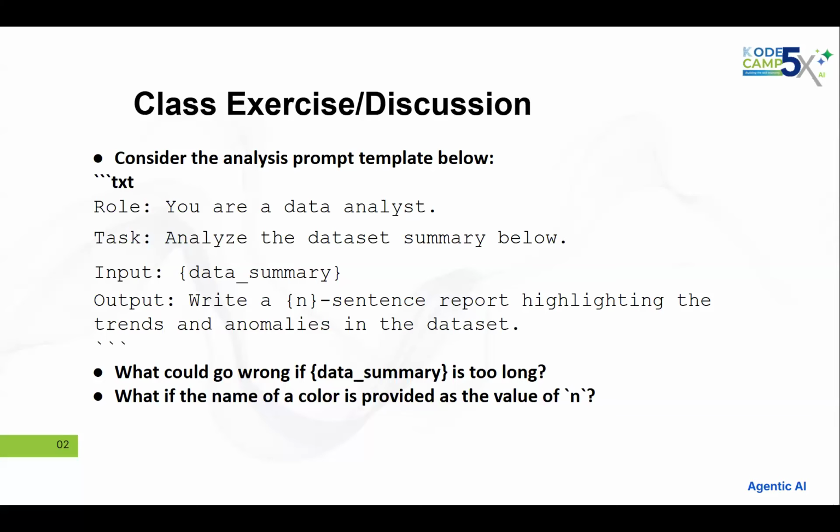The important thing is, let's see what happens when instead of a number, you use a color for n, or you even use a shape for n. Let's say write a circle sentence report. If you have a result, please indicate so that you can tell us what you got. We just have 8 minutes to the end of the class, so we are not going to take so long.